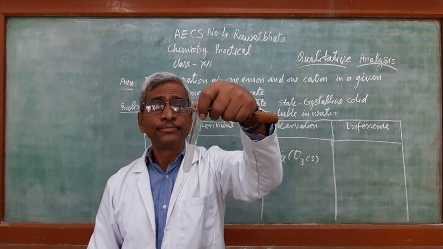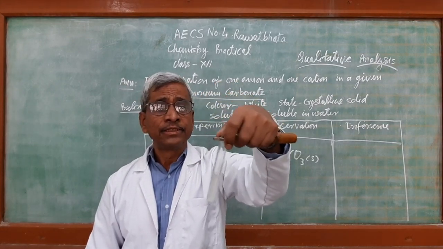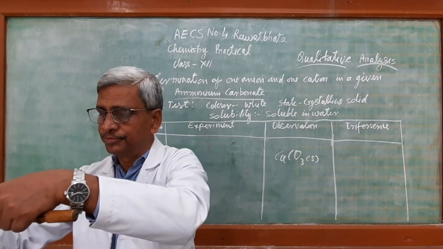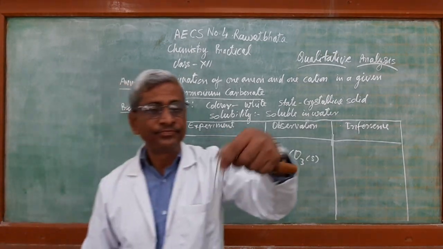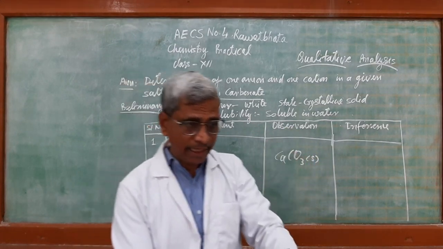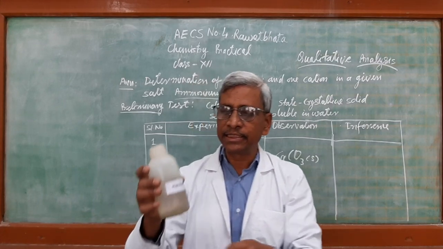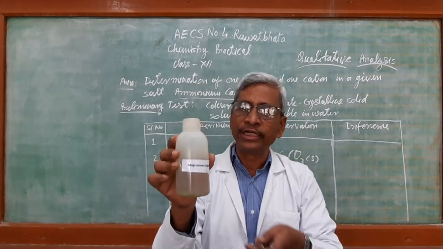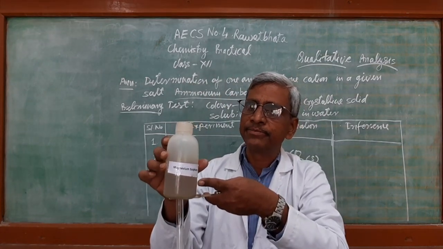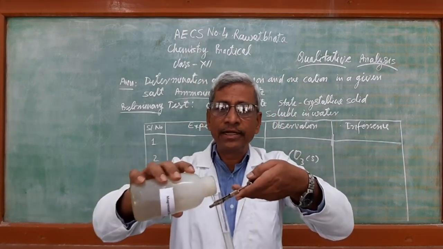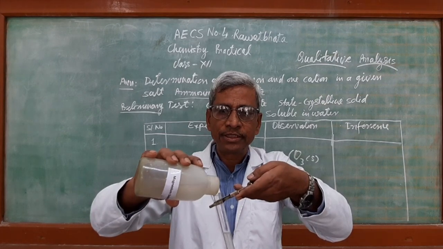Make it more dilute, and add magnesium sulfate solution. You can see here it is written magnesium sulfate, MgSO4, and add it dropwise to this test tube.